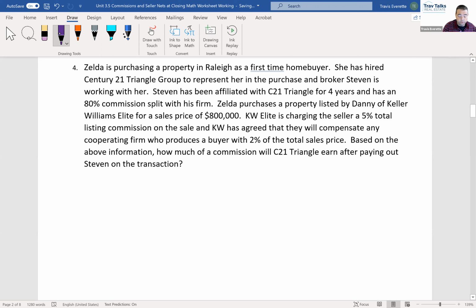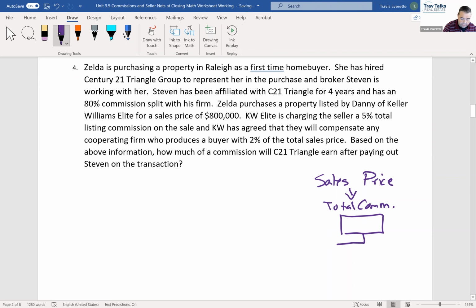So with the full tree, you're going to have the sales price all the way at the top. And then from there, you have a total commission. So here's our total commission. And then from the total, we are going to split, and we can draw it the same way we've been drawing it.